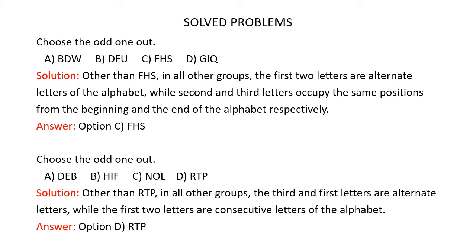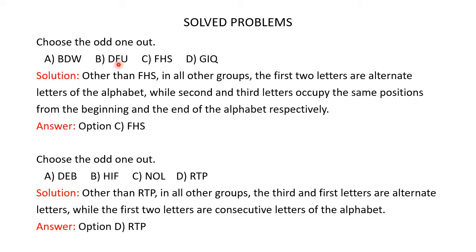That is, in option A, B and D are alternate letters of the alphabet, and D is the fourth letter from the beginning of the alphabet, and W is the fourth letter from the end of the alphabet. Similarly, in option B, D and F are alternate letters of the alphabets.